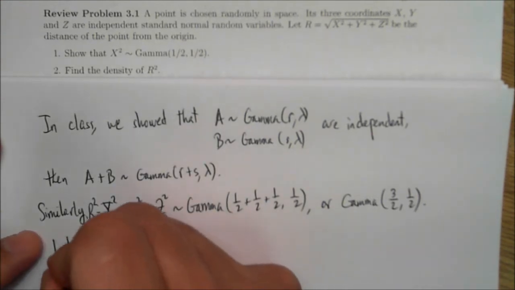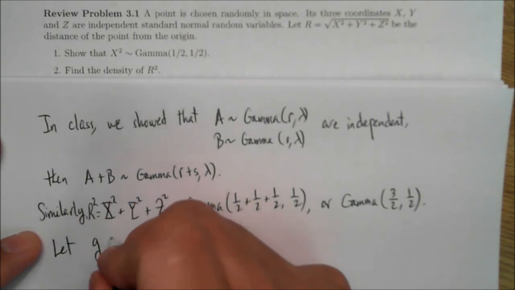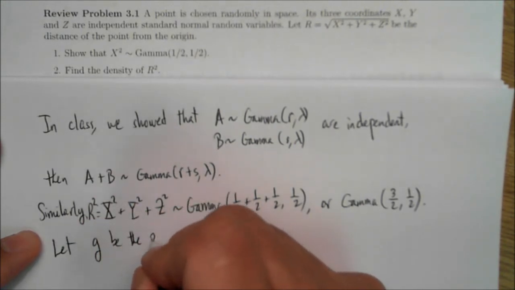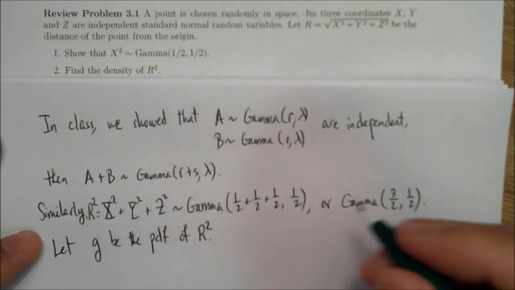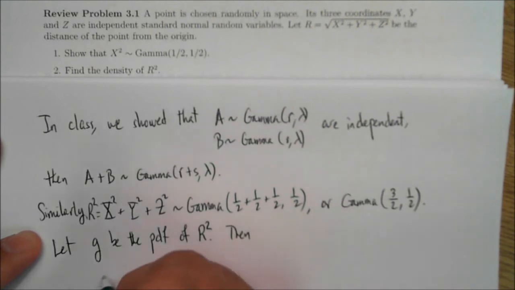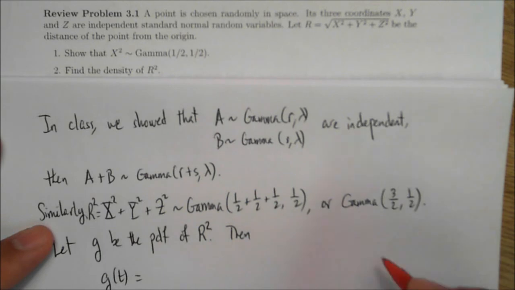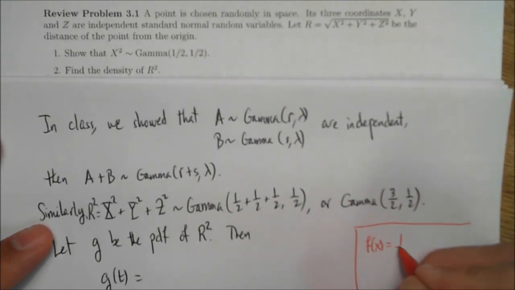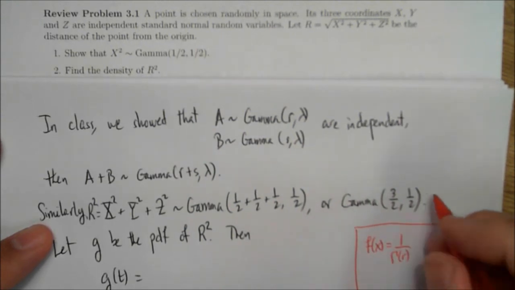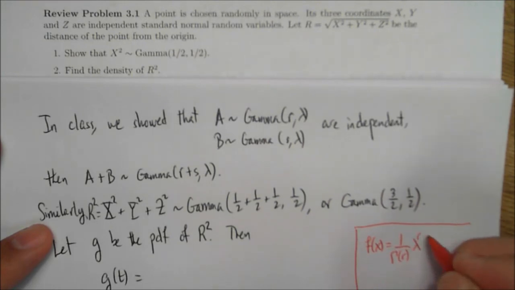Okay, so let G be the PDF of r squared. Then G of t is equal to, now once again let's recall the gamma distribution. It normally goes f of x is equal to 1 over gamma of r times lambda to the r times x to the r minus 1 times e to the minus lambda x.